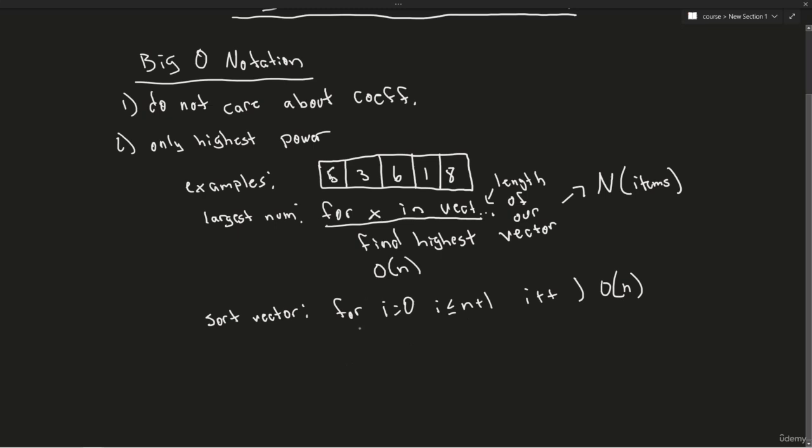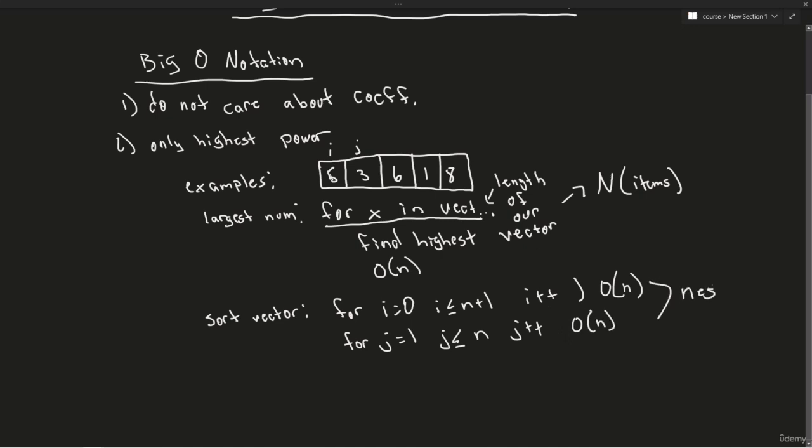Well, for us to sort it, we need to be able to compare and swap values in here. So we need to have our index here for i, and then we're also going to need another for loop, and we'll say it is j, and we'll start j at 1, right? Because we want to be able to compare i and j. So then we'll say j is less than or equal to n, j plus plus, and we'll say our big O notation here, let me clean that up, is O of n as well.